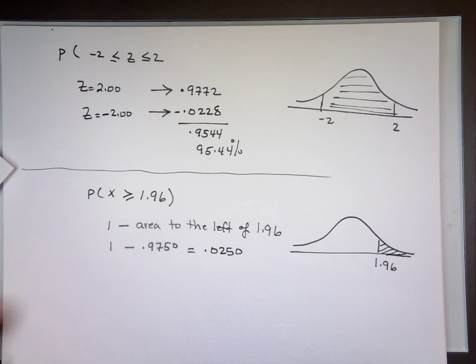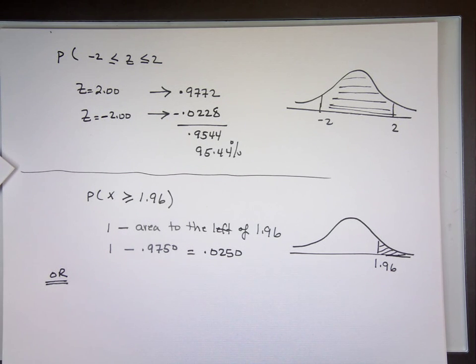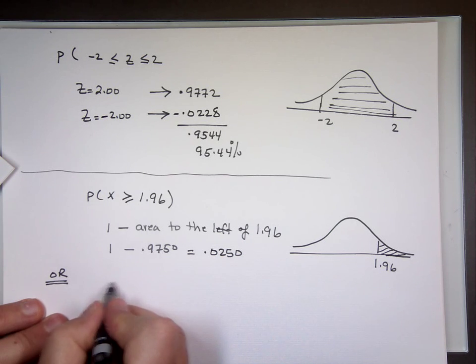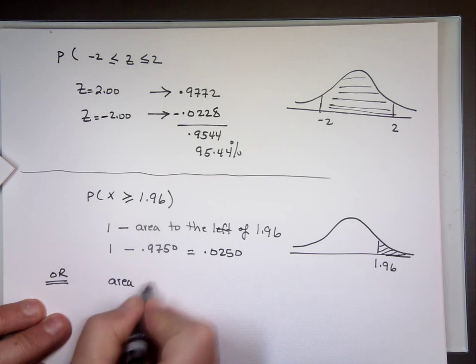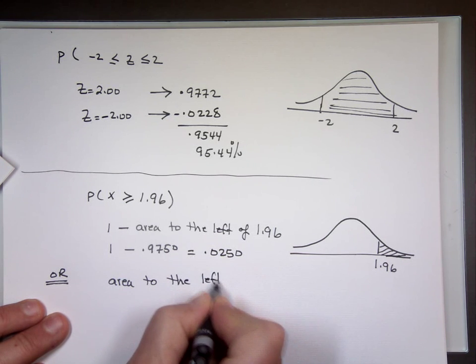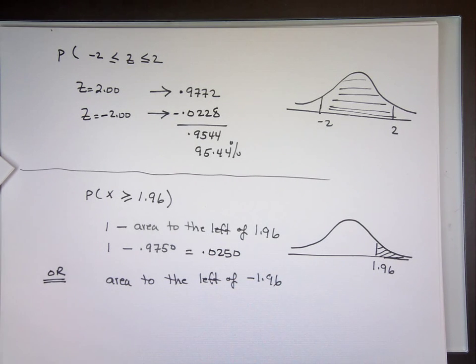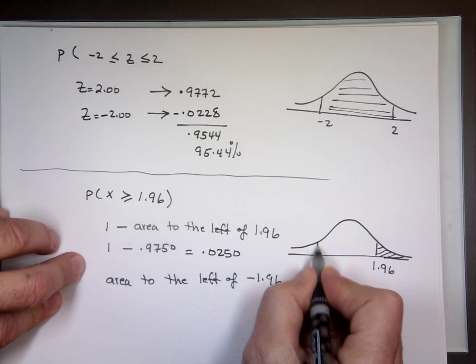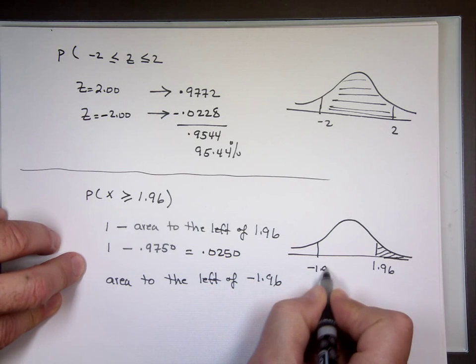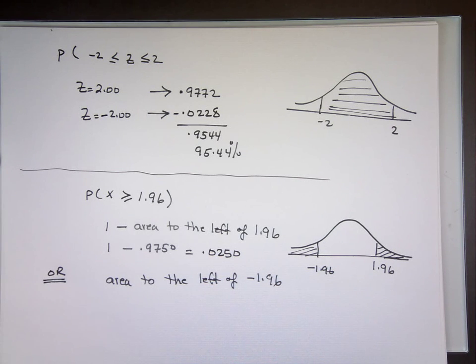Or, I say, you know what? I said the graph is symmetric. Why not just look at the area to the left of negative 1.96? Since you have a symmetric graph, it should be the same answer. If I find the negative 1.96 here, and I look at the area to the left of that, it should be the same as to the right of 1.96.